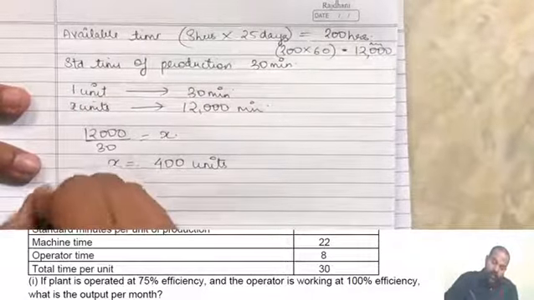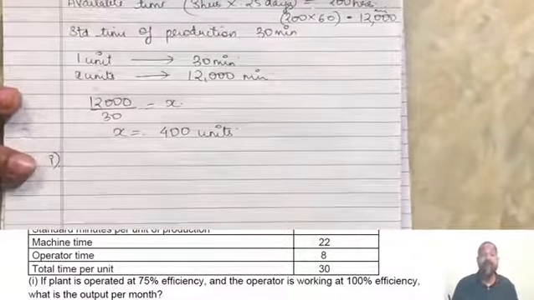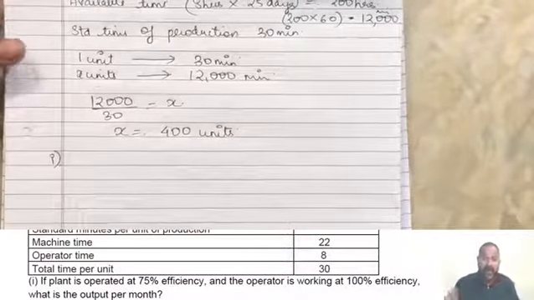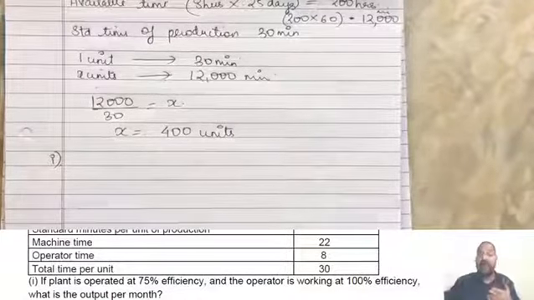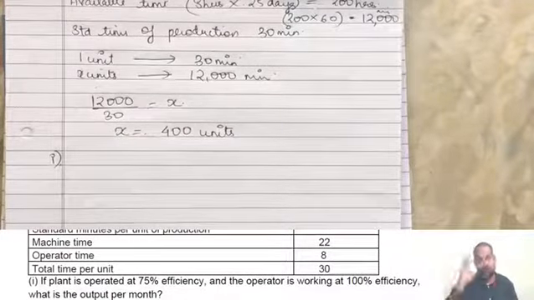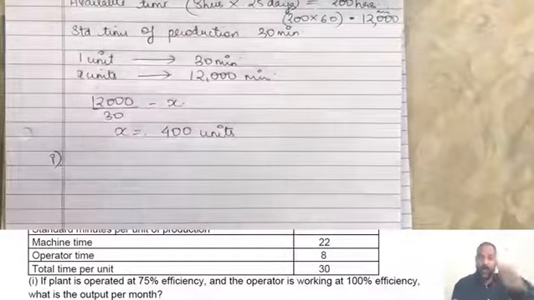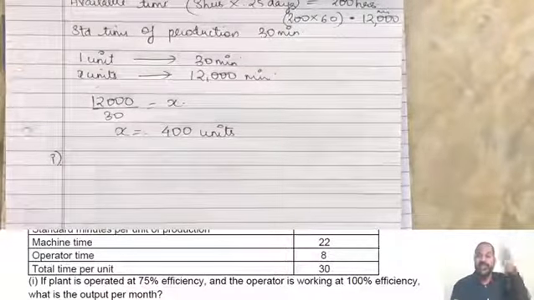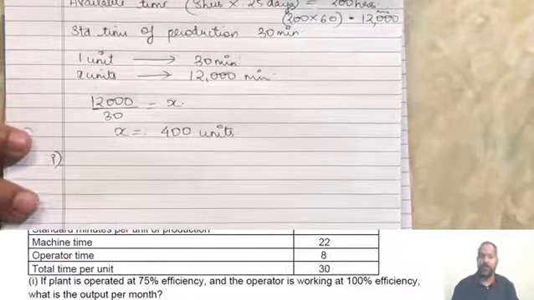Question number 1 says that the plant is being run at 75% efficiency. What does that mean? It means the plant is wasting 25% of the resources. For example, if I give the plant 100 kgs of raw material, the output will only be 75 kg, and 25 kg will be lost.